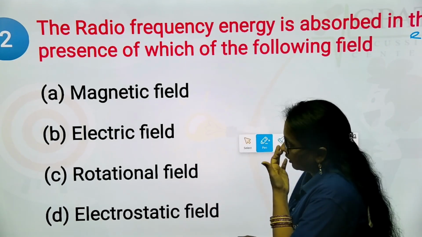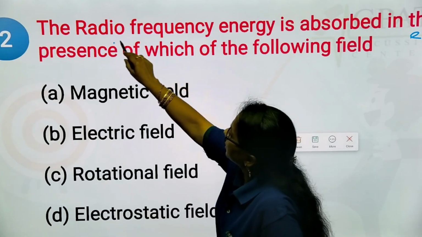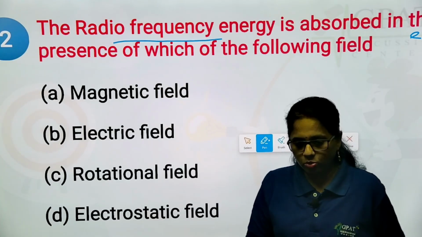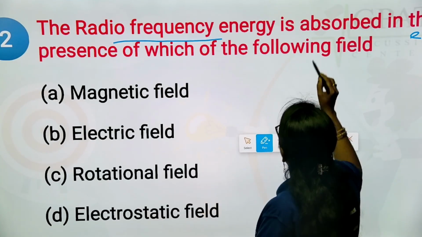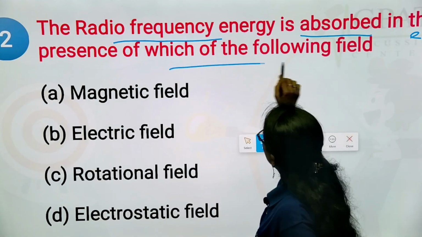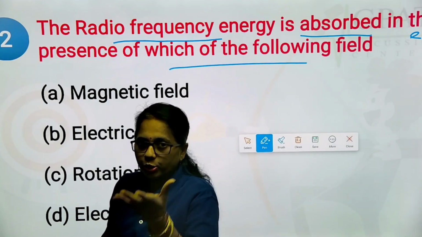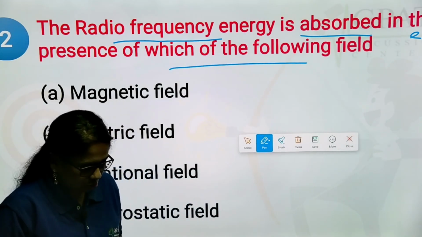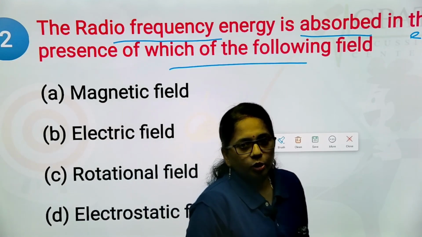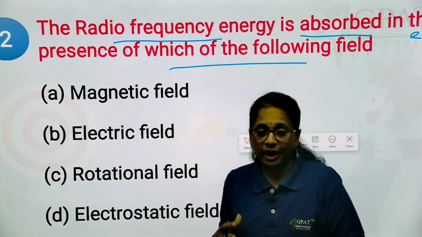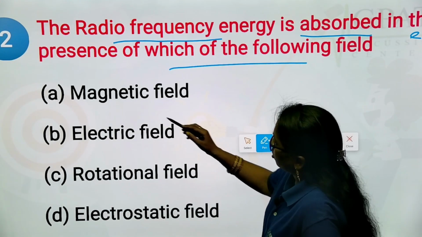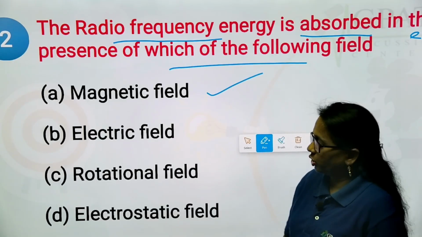The radio frequency energy generated is absorbed in the presence of a strong magnetic field. So option A, magnetic field, is the right answer.